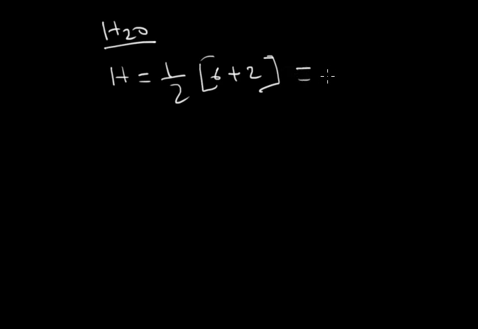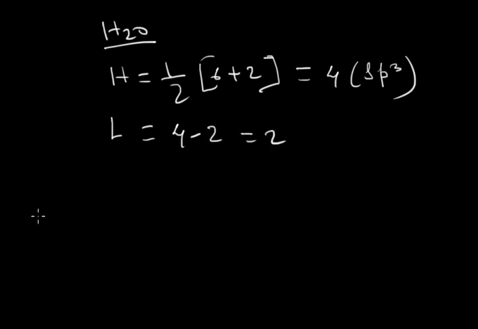So the value of H is 4, that means the hybridization is sp3. Now lone pair electron L is equal to H minus X minus D, that is 4 minus 2 minus 0, that means 2 lone pair electrons are there.